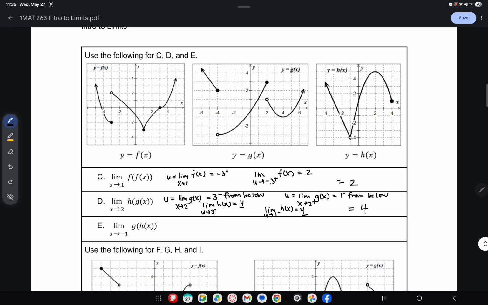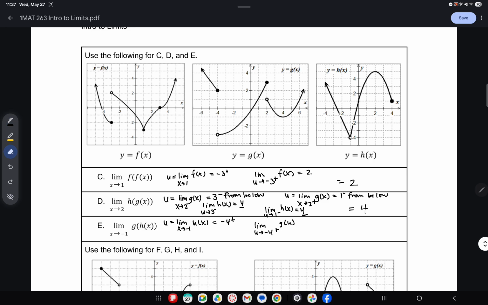Alright. So we've got u is going to be the inside. So the limit as x approaches -1 for h of x. So if I go to h of x, -1, I'm hitting -4 from above. So the limit as u goes to -4 from the right for g of u.